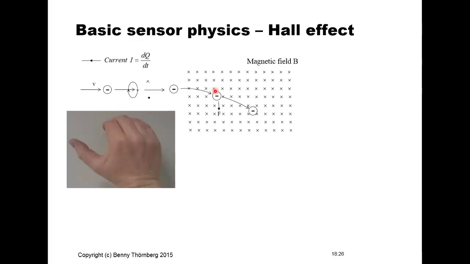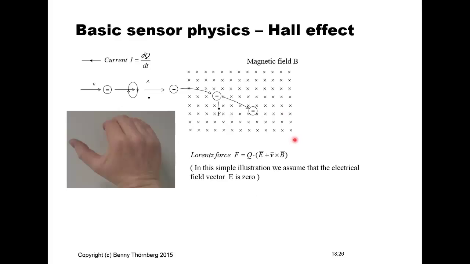And then there will be a force on this charge that will try to move the charge in this direction and bend its motional path in this direction. This is known as the Lorentz force, which can be expressed according to this formula.